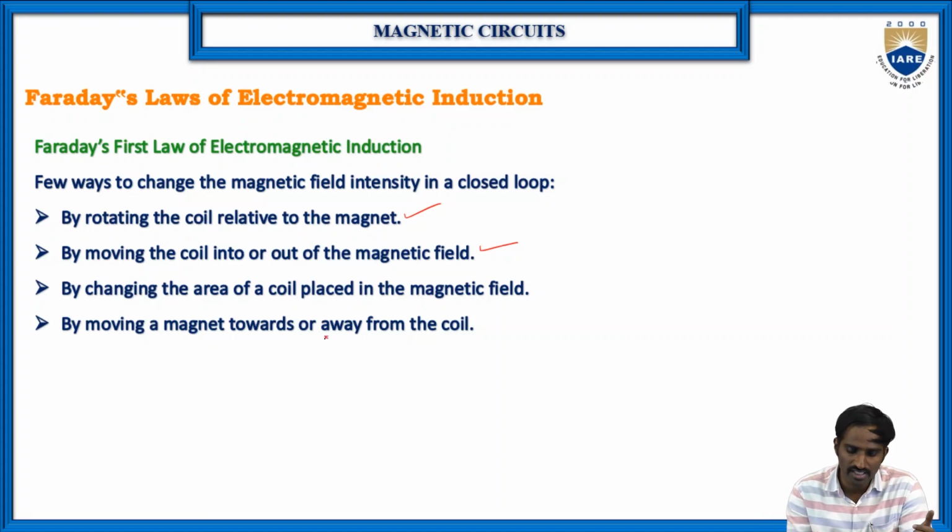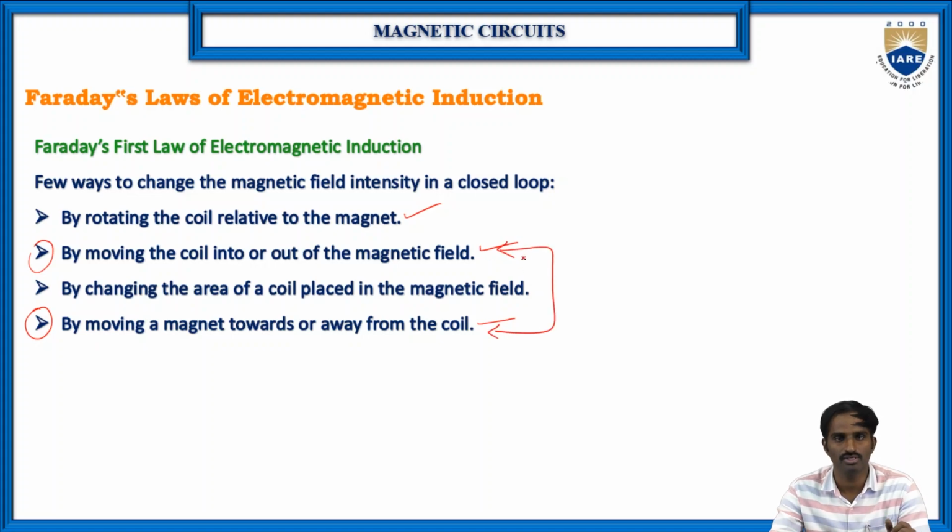And the fourth is by moving a magnet towards or away from the coil. As you can see, by using this point and this point, here the coil is moving into and out of the magnetic circuit, and here the magnet is moving towards and away from the coil. In both cases you are getting the EMF. So it is not compulsory that the coil must move, or that the magnet must move.